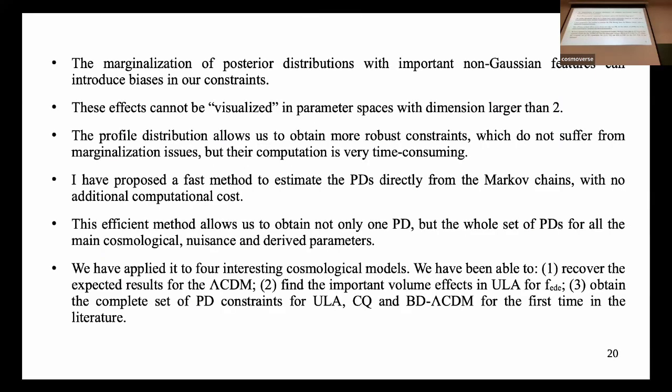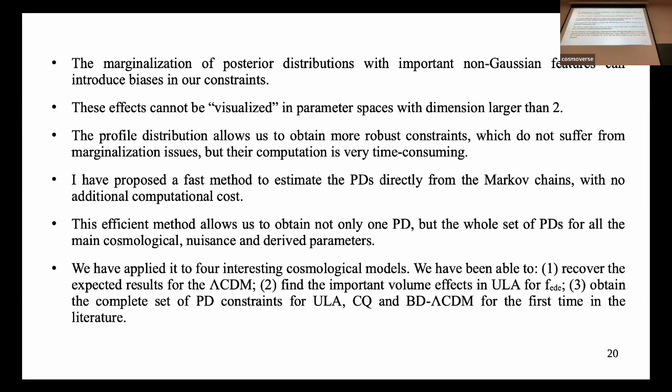But yeah, I finish now. I can say that we have applied the method to 4 interesting cosmological models. We have been able to recover the expected results for ΛCDM. So this is fine because Planck already found that in 2013 with a previous data release.